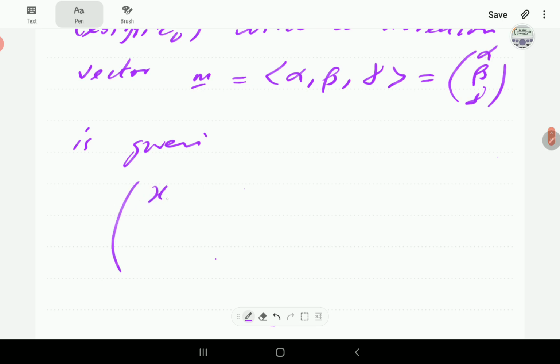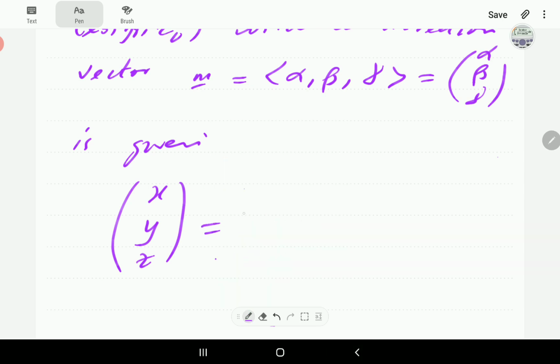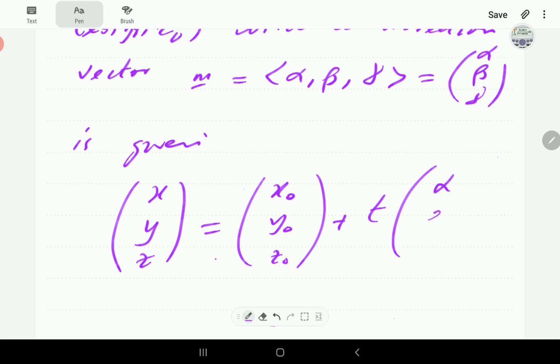So it's going to be xyz, which is the position vector of the point xyz, equal to the position vector of P naught, x naught, y naught, z naught, plus t, which is going to be a parameter, times the direction vector.